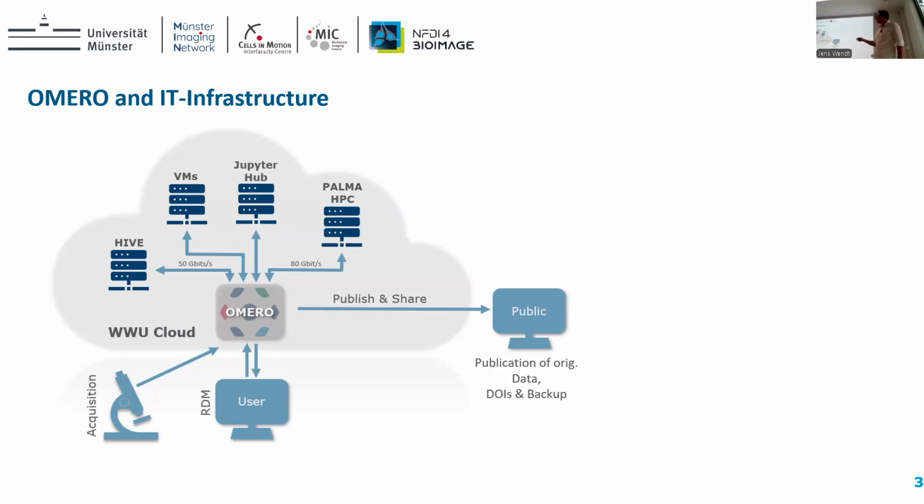Here the Hive, our Windows-based analysis server for remote access, is directly connected. This is in the server room of the university, and also the Jupyter Hub or the high performance cluster is directly connected to the data and to Omero.